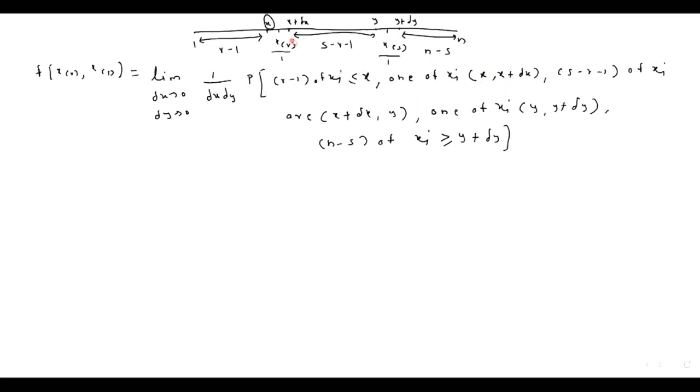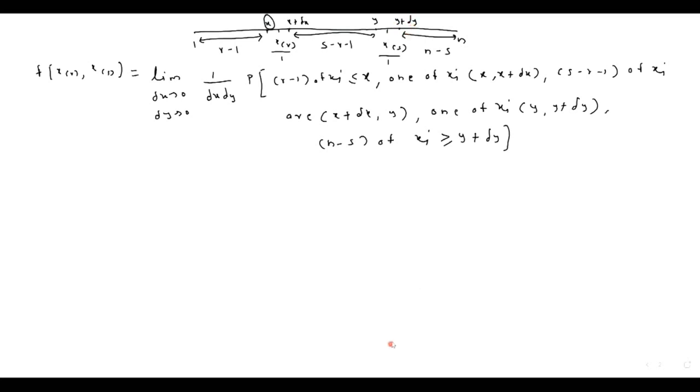Now, the third region is this region. So in this region, from x plus delta x to y, I have s minus r minus 1 values. So over here we write s minus r minus 1 of the xi are in between x plus delta x to y. Okay. Now, 1 of the xi is in between y to y plus delta y. And n minus s of the xi are greater than or equal to y plus delta y. Getting the concept?